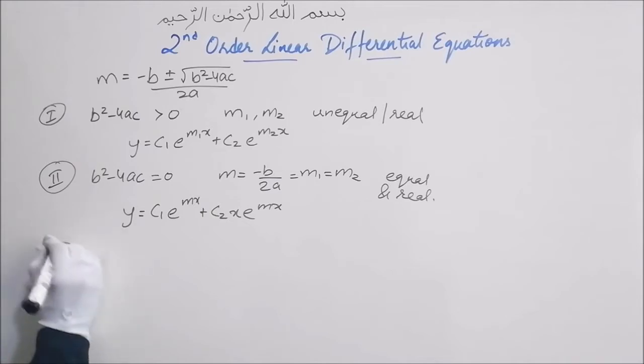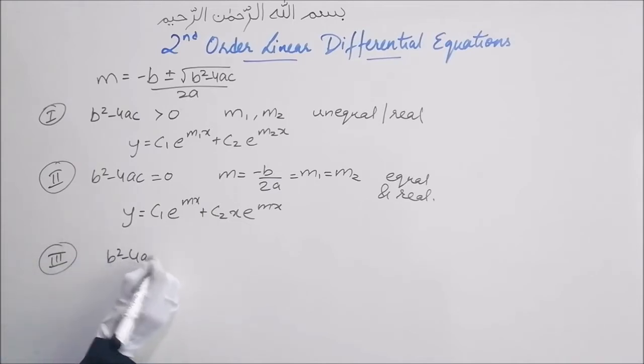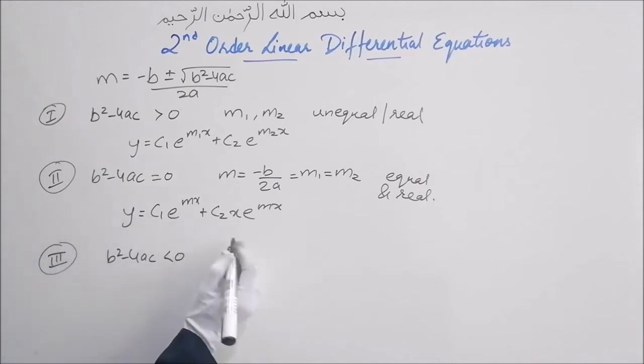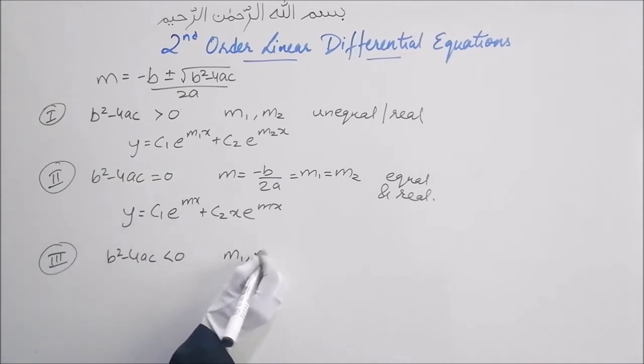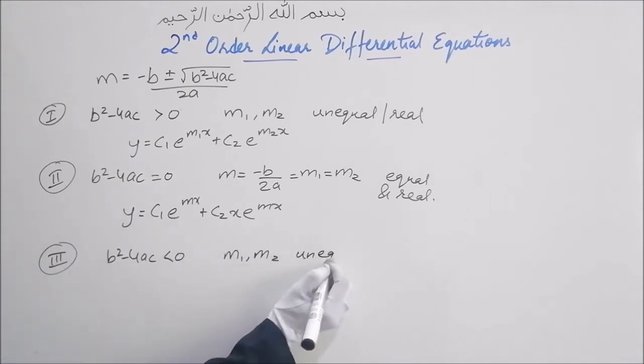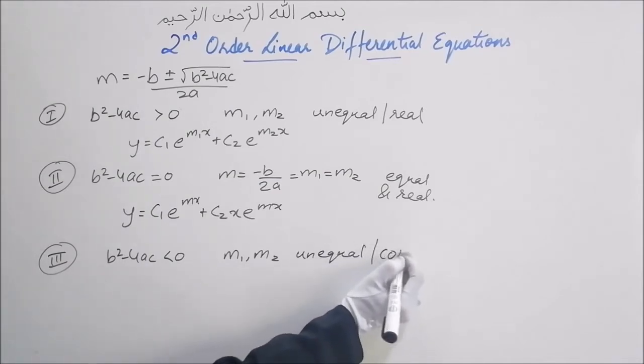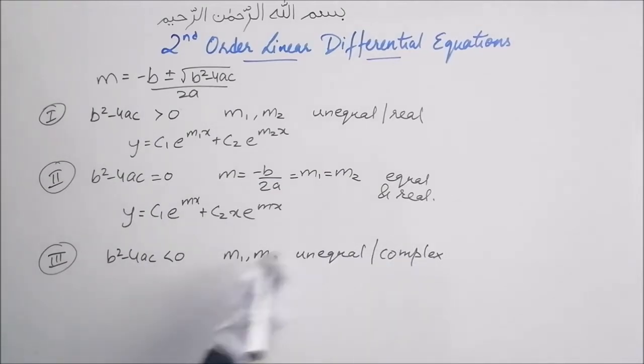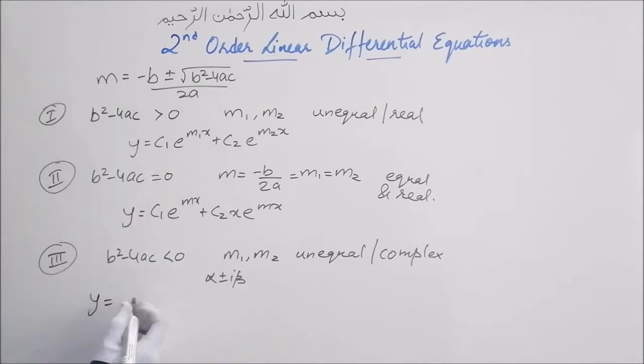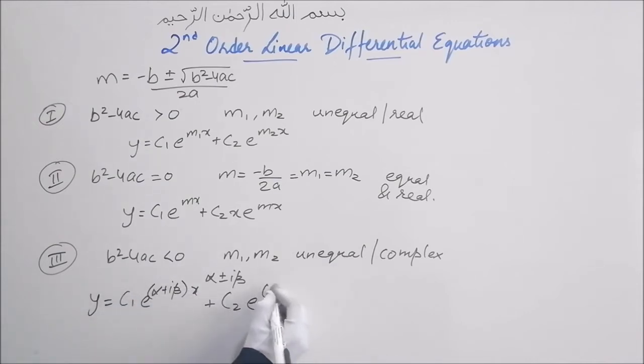Case 3, if b squared minus 4ac is less than 0. If that is the case, then the values m1 and m2 will be unequal and they will not be real, but they will be complex quantities of the form alpha plus minus i beta. m1 will be alpha plus i beta, m2 will be alpha minus i beta. Then the solution y will be c1 e raised to (alpha plus i beta)x plus c2 e raised to (alpha minus i beta)x.